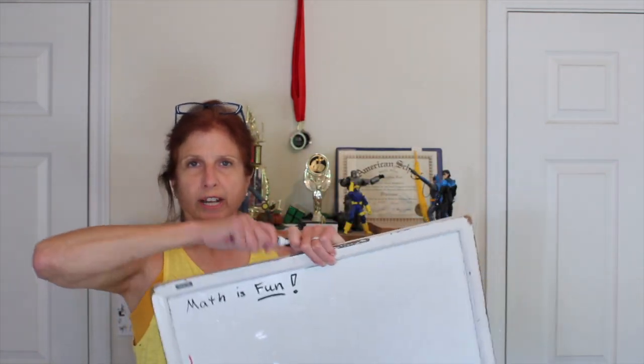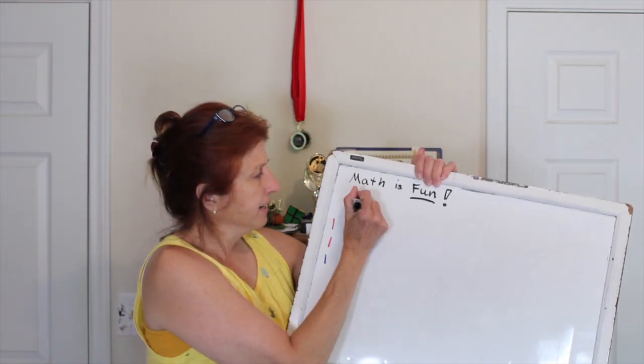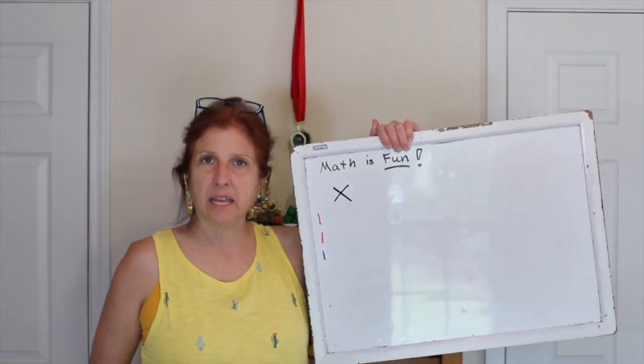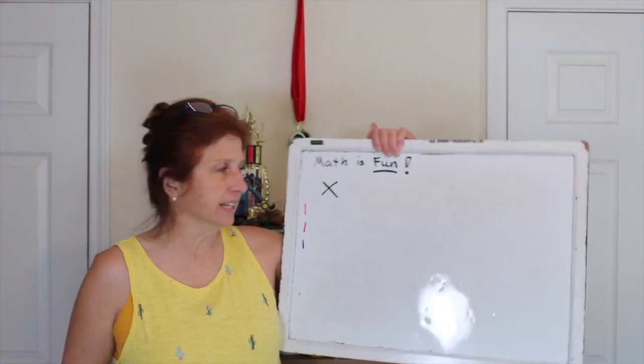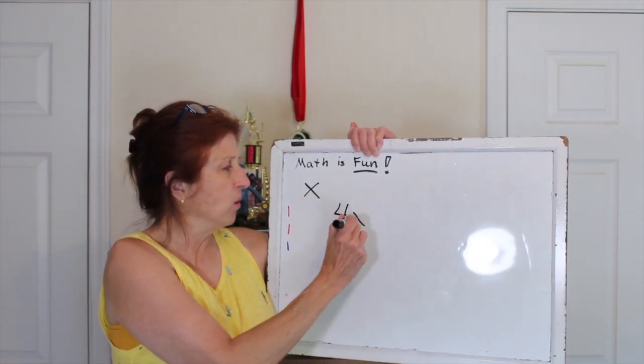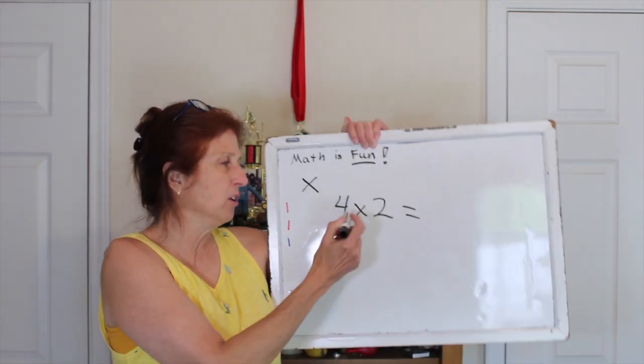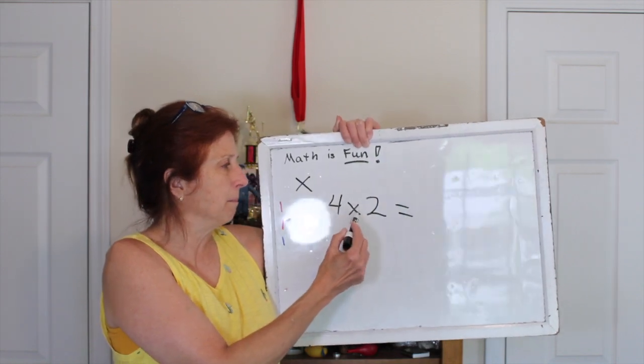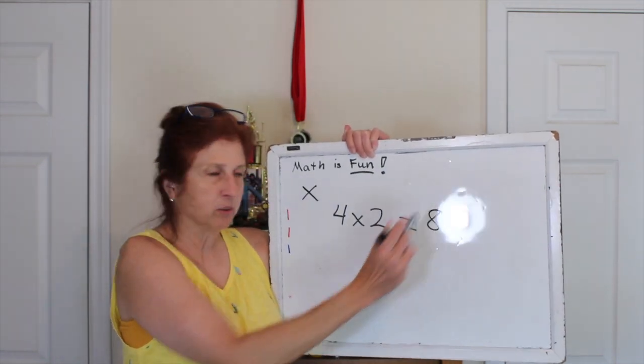Math is fun. Today what we're going to talk about in this video is variables in algebra. When you started off in your math journey, what did x mean? It meant times, didn't it? So if you had 4x2, you knew that meant 4 multiplied by 2 equals 8.